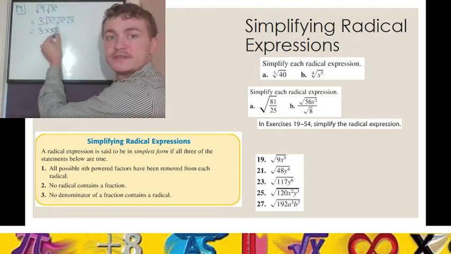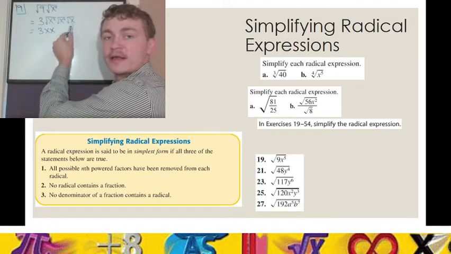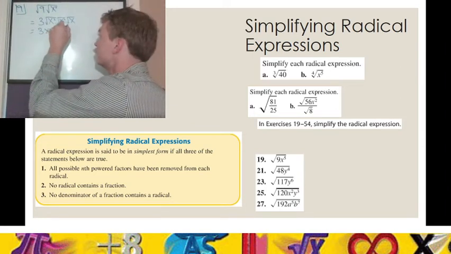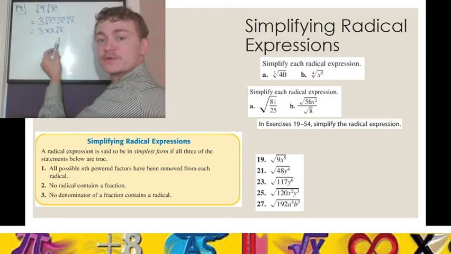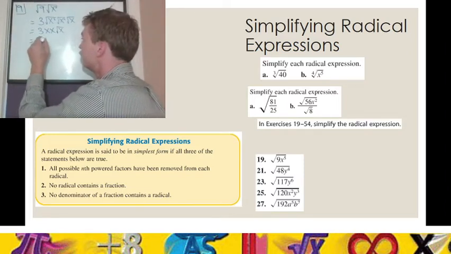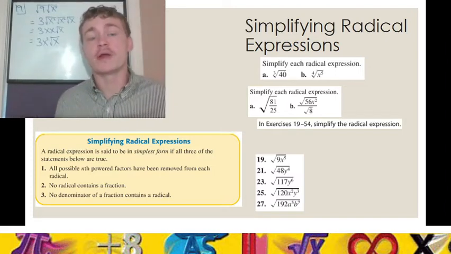So we get 2 factors of x here, and the x under the radicand will stay because we cannot further simplify this radical here. 3 times x times the square root of x, which we will simplify as 3x squared times the square root of x.